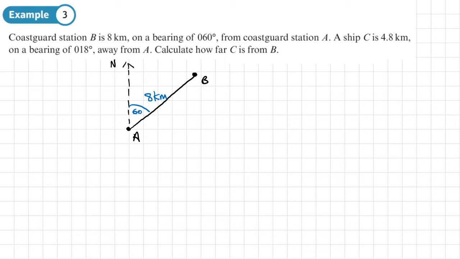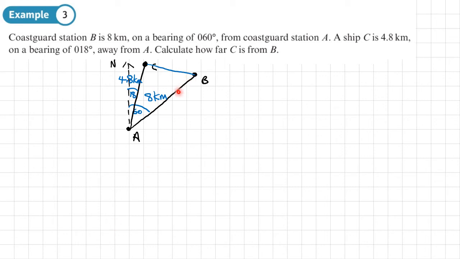Then ship C, 4.8 kilometers away. So we'll put C up here. Now remember, this is only a sketch, so things may not be to scale. 4.8 kilometers here, and that bearing is 018 degrees. So this is an angle of 18 degrees here. Now we want to calculate this distance here.